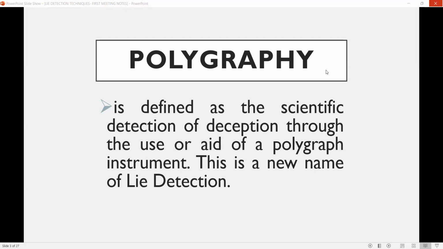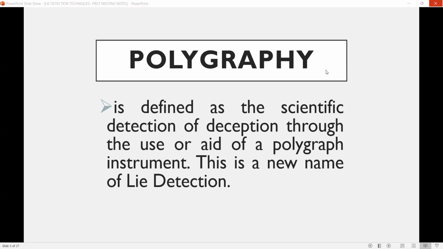Polygraphy is also the new name of lie detection. Lie detection, or lie detector, is a popular, you should know this for board exam purposes, but misleading name of a polygraph. Again, it is a misnomer, meaning it is a wrong, inaccurate use of a name or term.